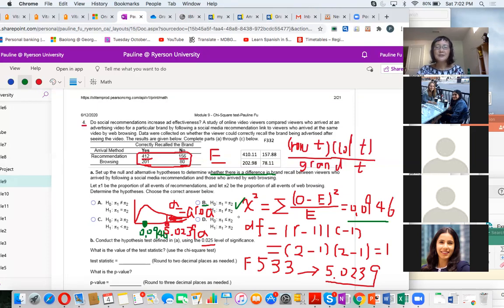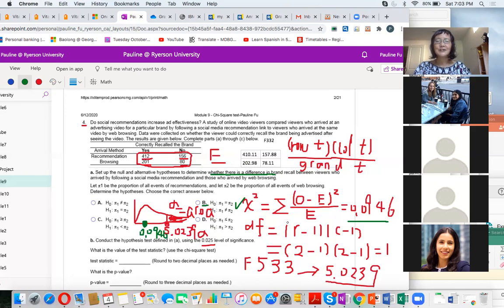Okay, any questions? And now go back to, one student asked, is there a computer way, a calculator way? Yes. Before I start the calculator, I will give you a warning. The calculator method for the chi-square test is so far the most difficult one.